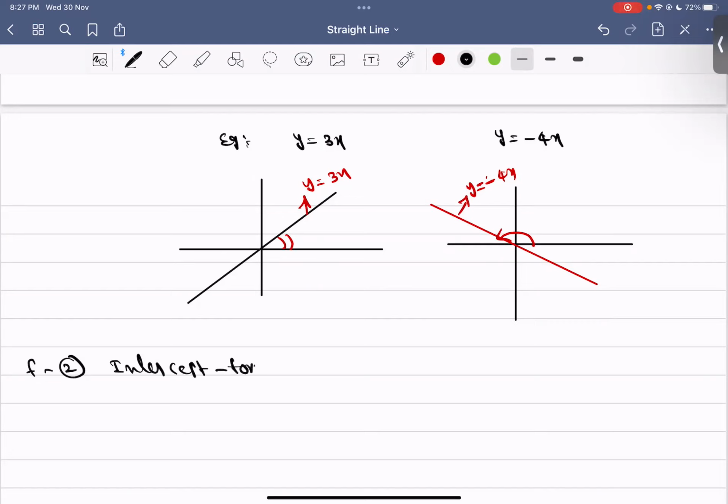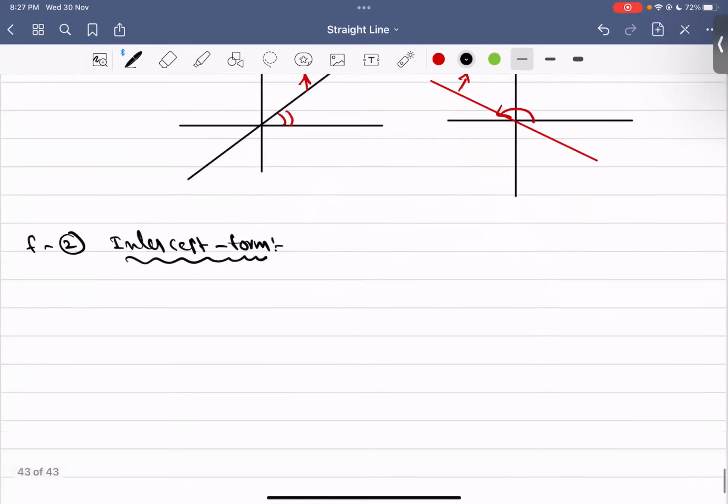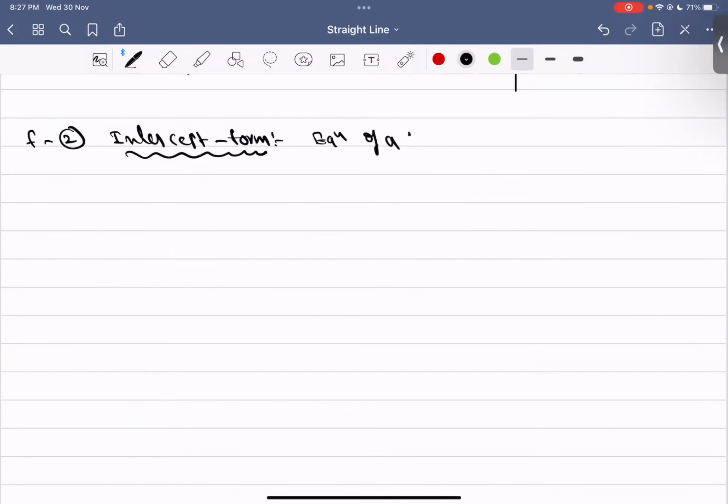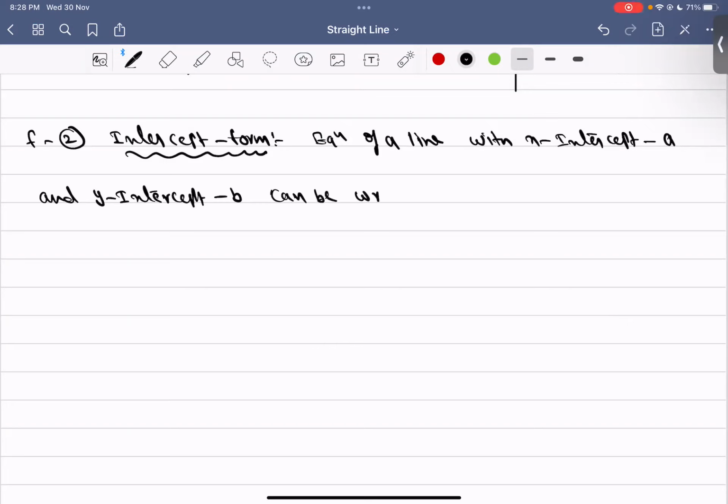The equation of a line with x-intercept a and y-intercept b can be written as x by a plus y by b is equal to 1.